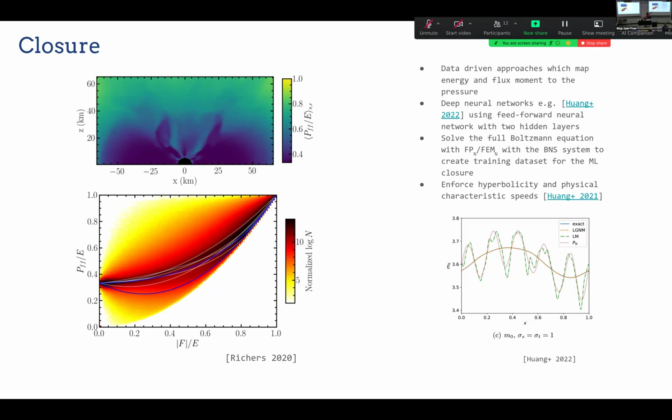You know that in the optically thick limit, the Eddington factor should have a value of 1/3, and in the optically thin limit, it should have a value of 1. The color is what you get from a Monte Carlo type method, and it tells you how many cells have that particular value.